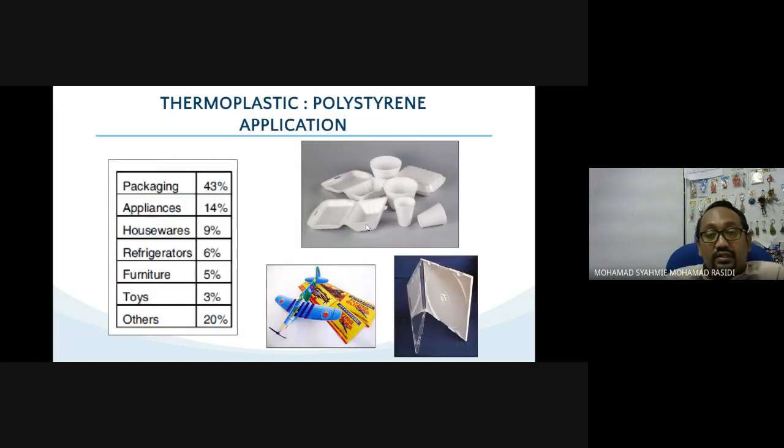So this is some example of polystyrene itself. This is the common use of polystyrene as food packaging. However, despite this, polystyrene is also used for appliances, houseware, refrigerators, furniture, toys, and others. This is an example of toys. This is an aeroplane toy, and it's made from polystyrene.